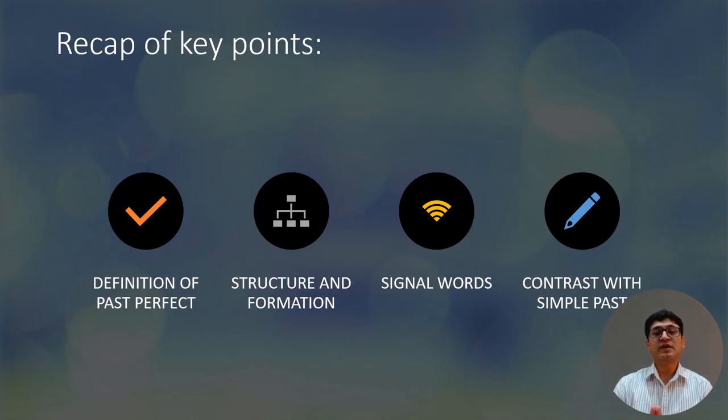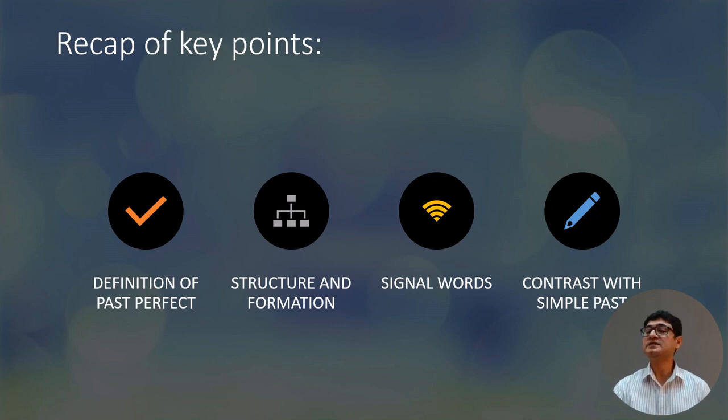Let's recap what we have learned so far. We learned that past perfect is a tense which expresses an action that took place before another action in the past. And we also learned its structure, which is subject in the beginning, then had, then past participle, which is also called third form of a verb.